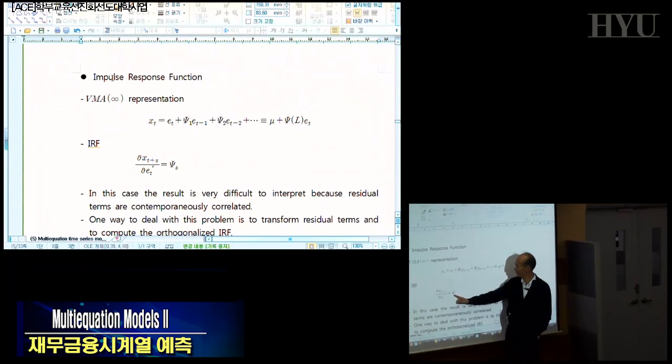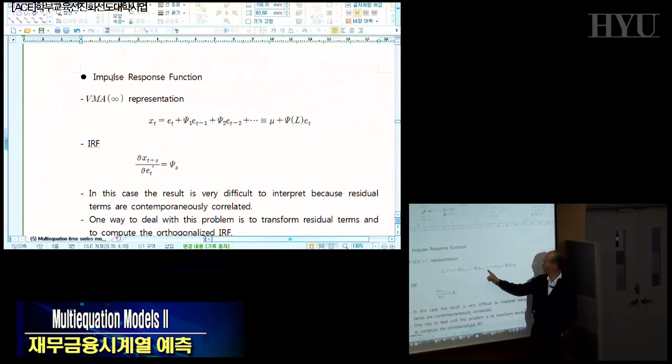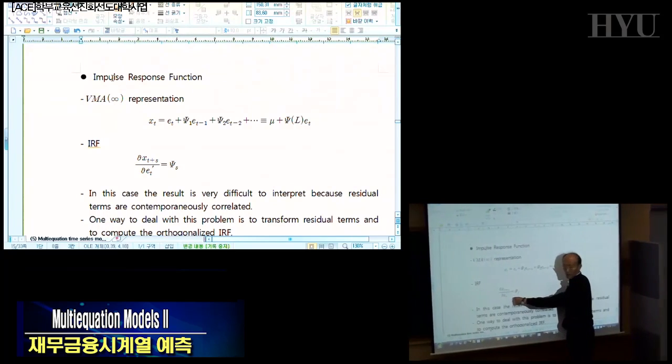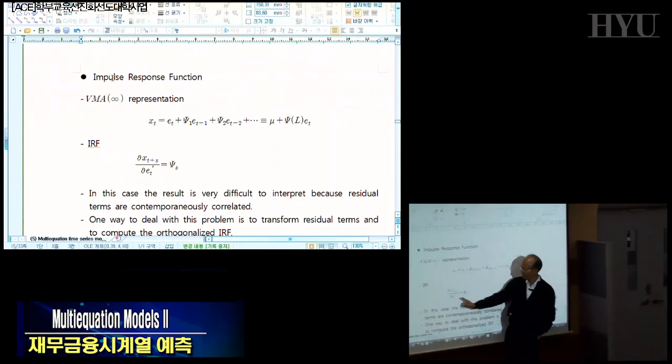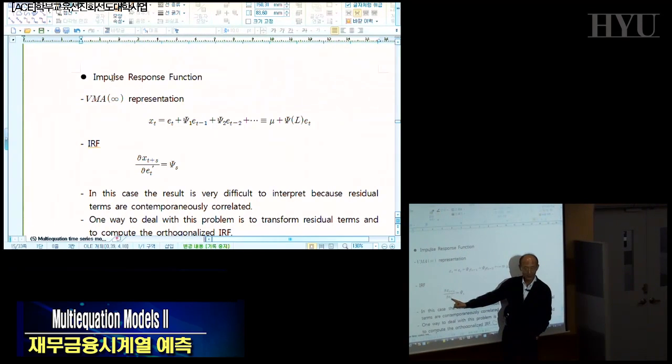So let's say you pick psi at lag S. This number, actually this is a matrix, means if there's a shock today, that's the impulse, and then the response. Because there are n elements in this vector, the shocks would be n of them, right?